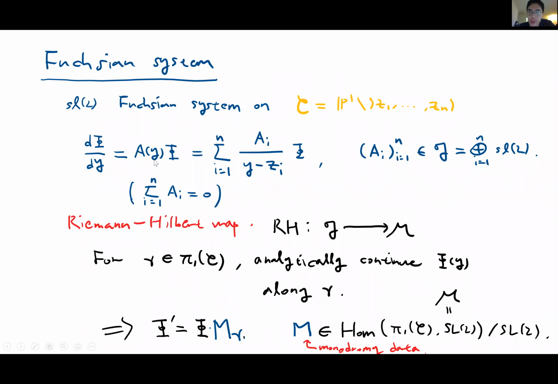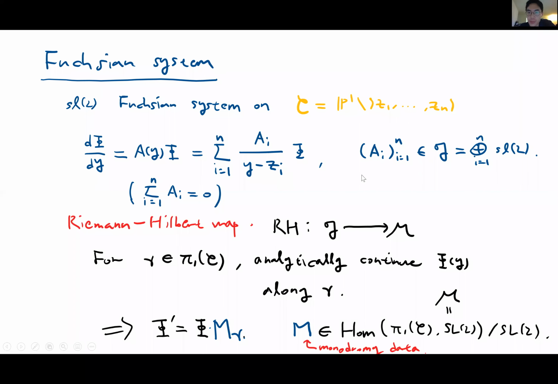A(y) here is a 2 by 2 matrix. φ is a column vector solution. And A(y) has a singular pole structure at each puncture zi. They have simple poles, and its residue Ai is valued in SL2.